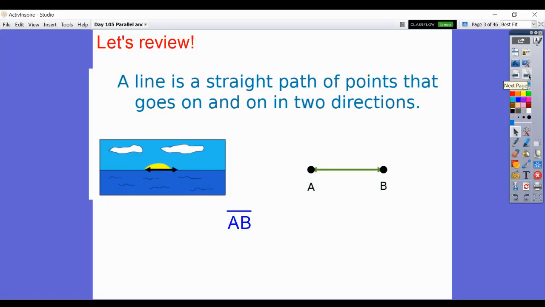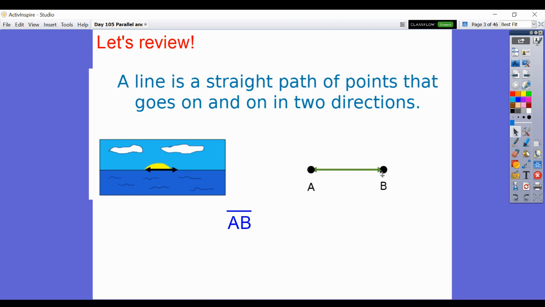A line is a straight path of points that goes on and on in two directions. This is line AB. Okay? A line shows arrows at both ends because it goes on to infinity. A line segment is just a section of line, not on to infinity.